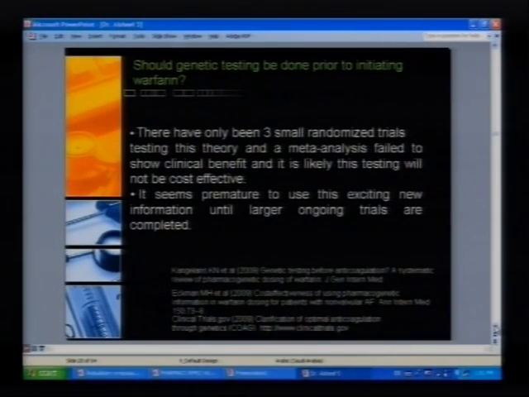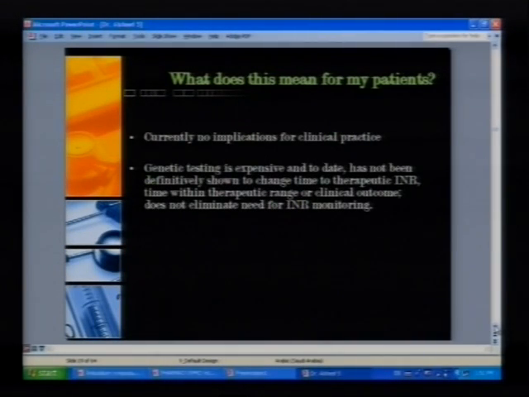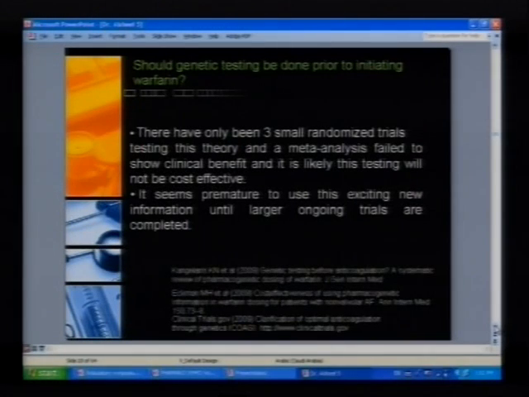This was published in 2008, and the guidelines in 2009, and there have been only 3 small randomized trials testing this theory, and meta-analysis failed to show clinical benefit. It is likely this testing will not be cost effective.